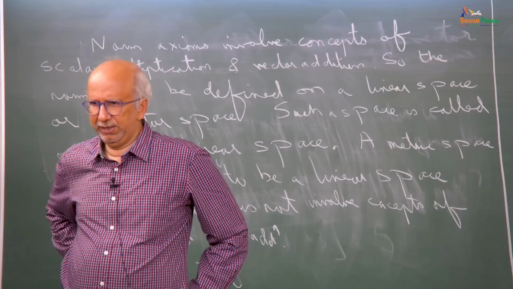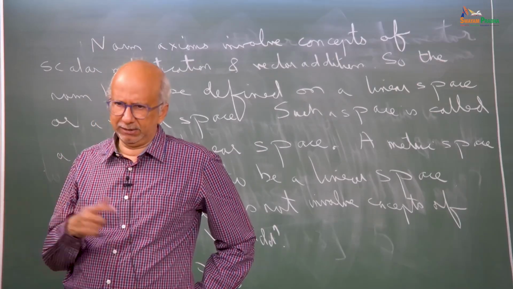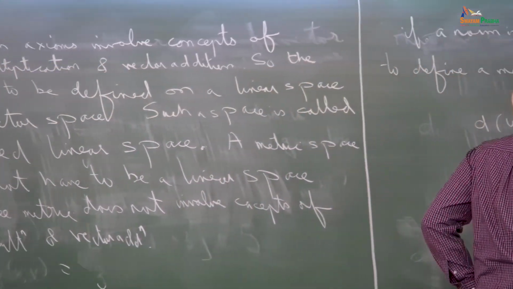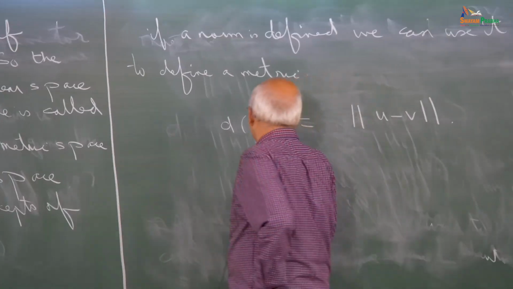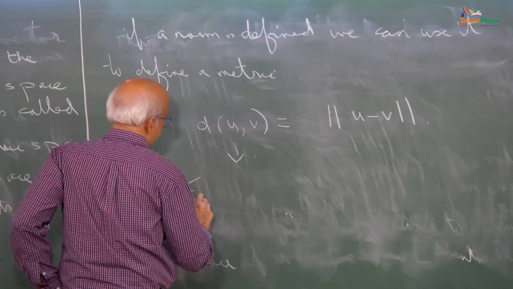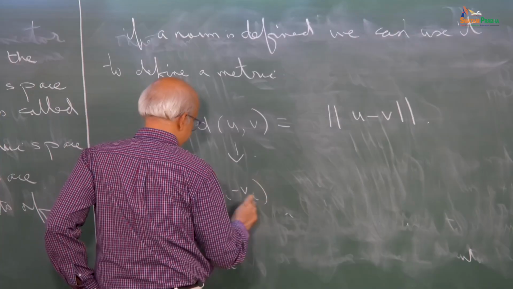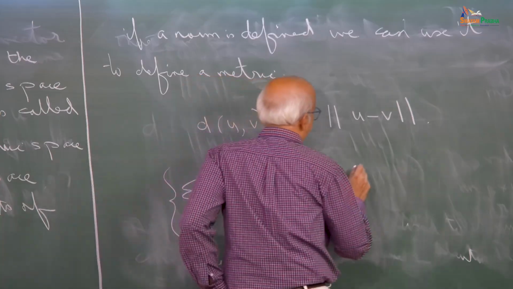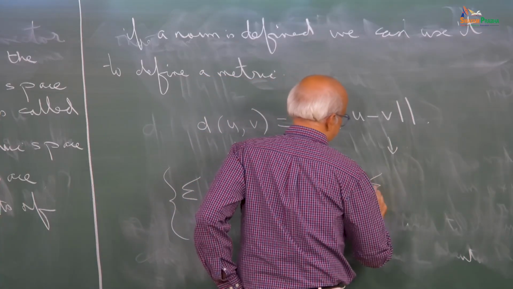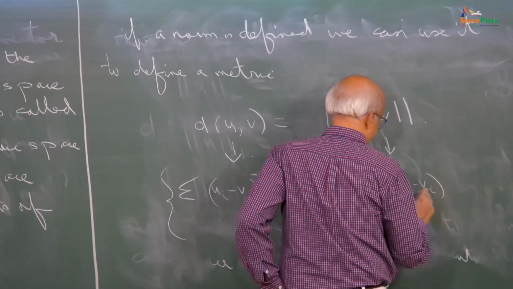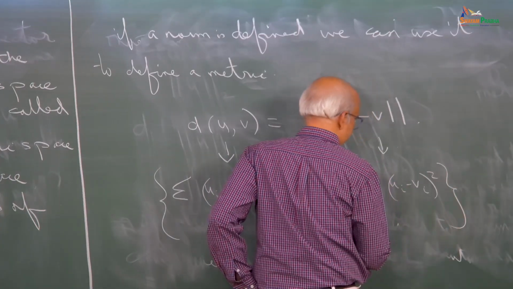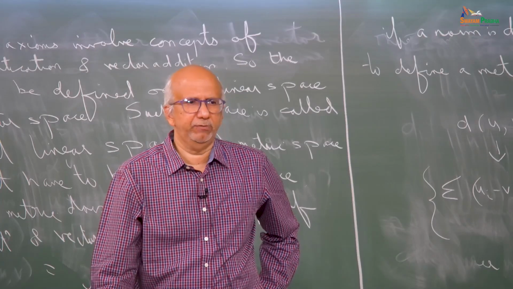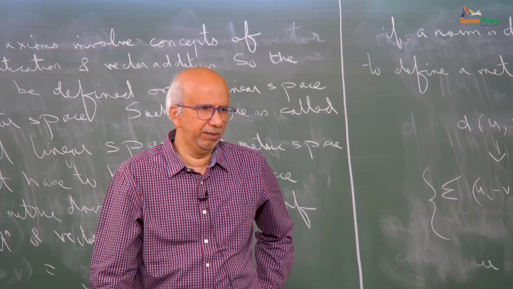All I have to do is find the length, or if I find the length, I get the metric. Okay. So, that is basically what it is, and you can easily check, because what was this definition? Sigma ui minus vi whole squared to the power half, and this is also the same thing. Okay. And similarly, you can check for the other definitions, the D1 and the D infinity.